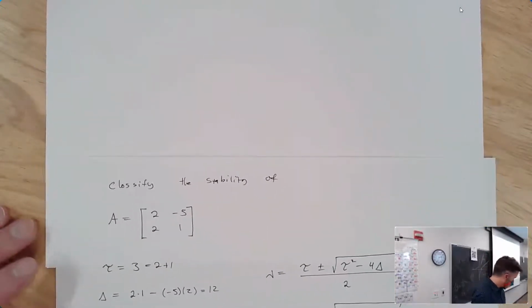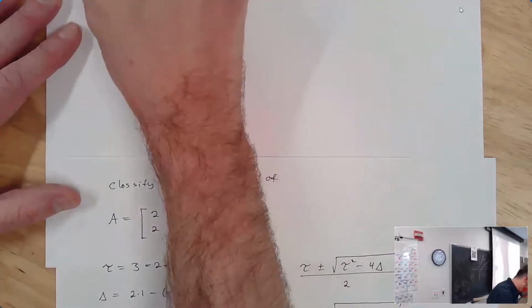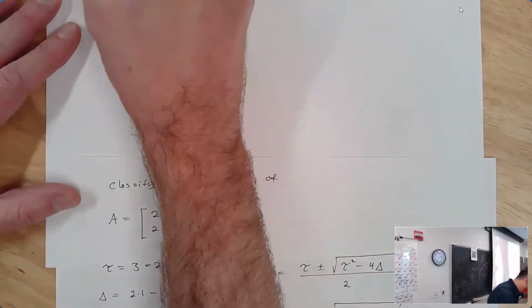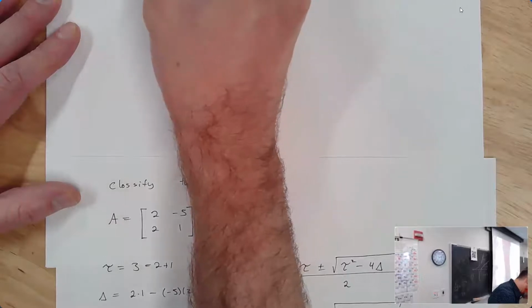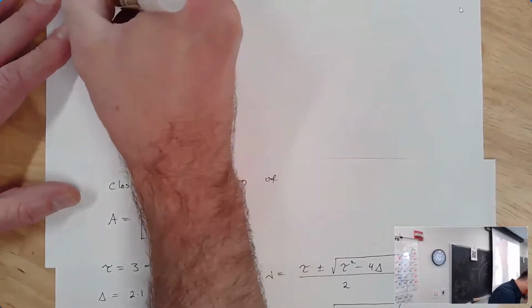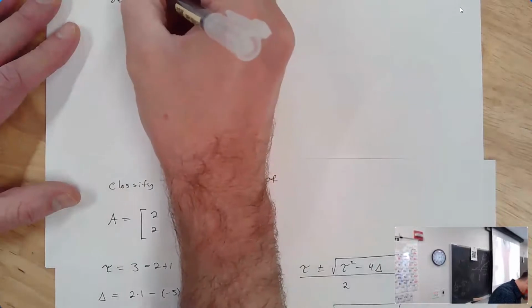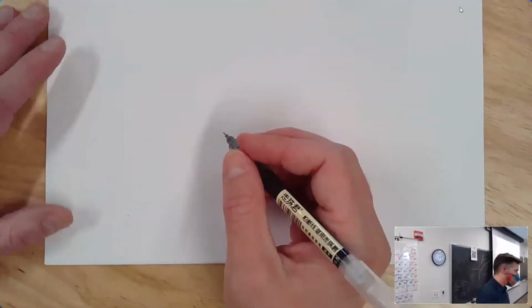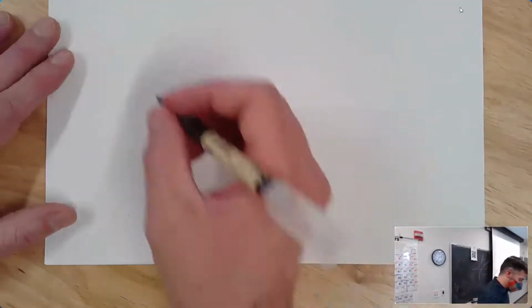So this system means we're really talking about dx/dt equals 2x minus 5y, and dy/dt equals 2x plus y. What I'm actually going to do is pick some points. I often pick points on the axes.